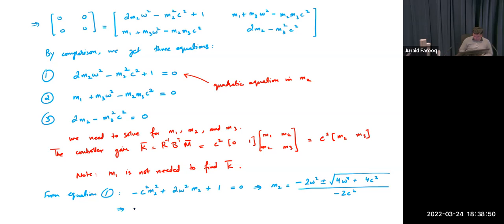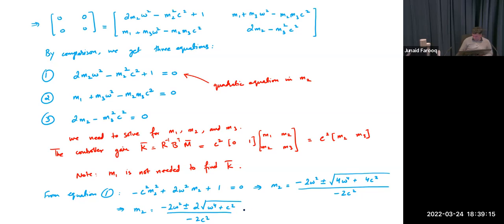So M2 equals minus 2 omega squared plus minus 2 square root of omega 4 plus c squared divided by minus 2 c squared.